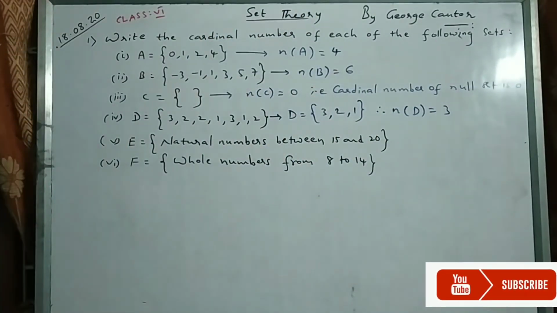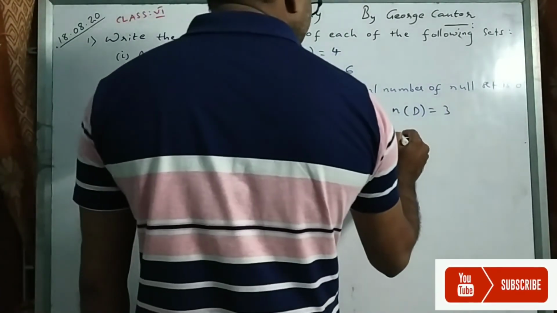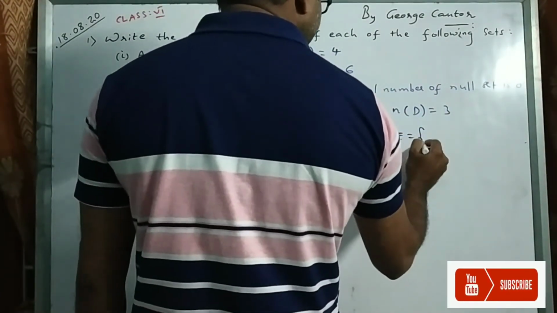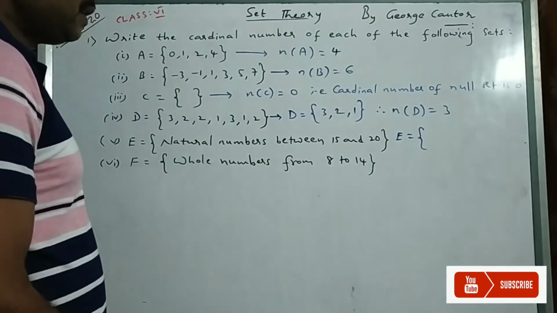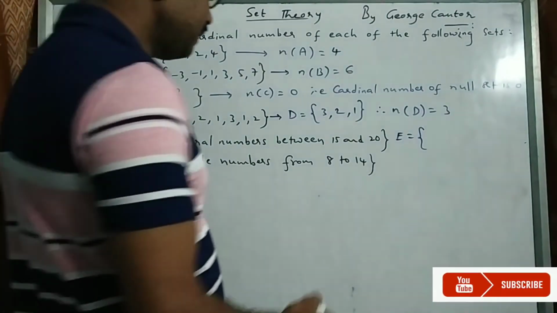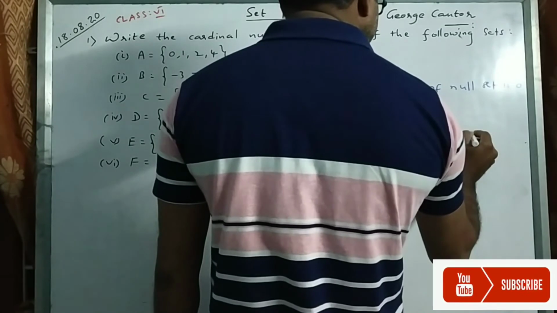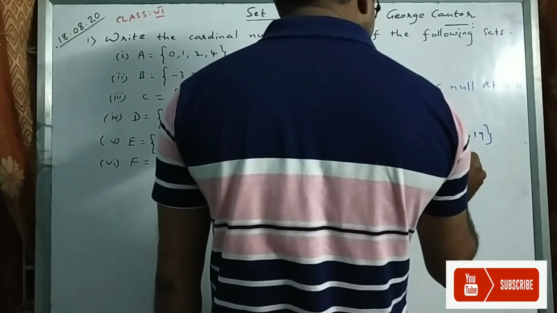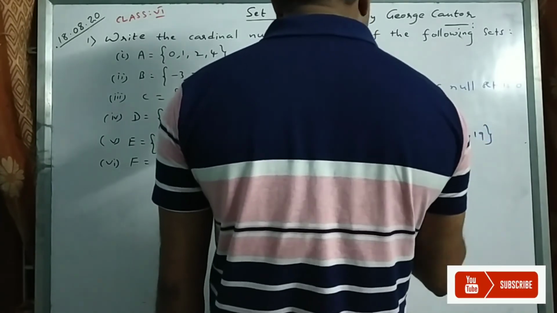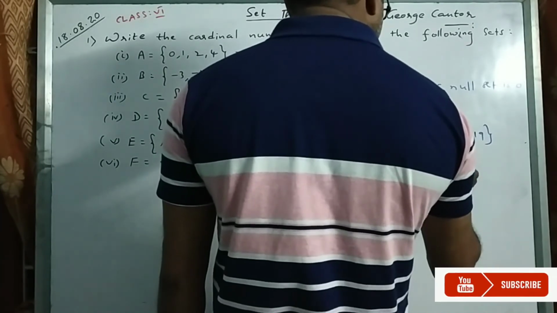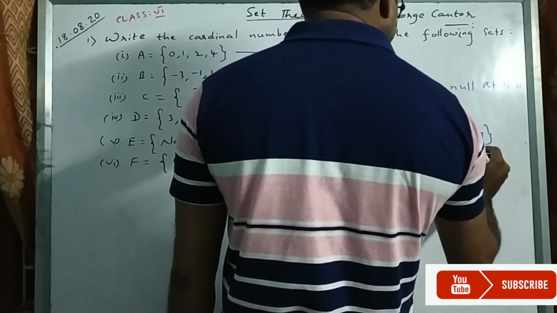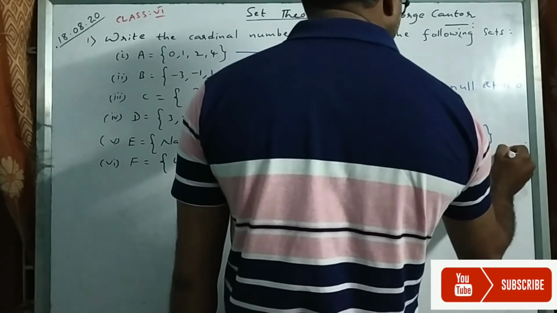Is that clear? So E is equal to, how do we write E? Natural numbers between 15 and 20. Between 15 and 20 means starting from 16, 17, 18, 19, right? So the number of elements in the set E is 4.